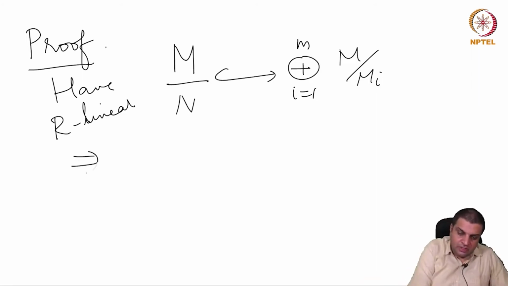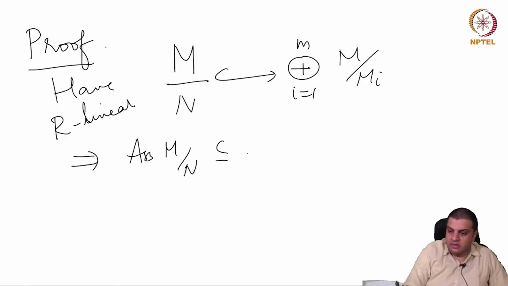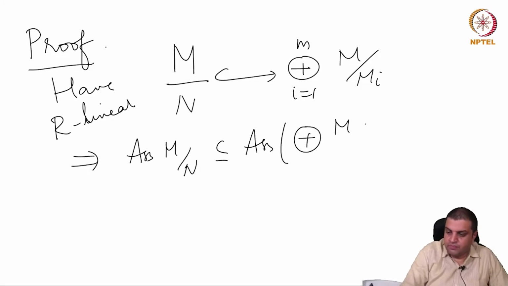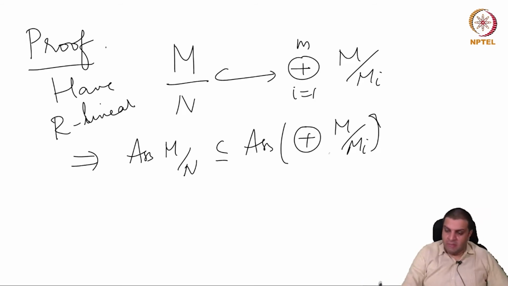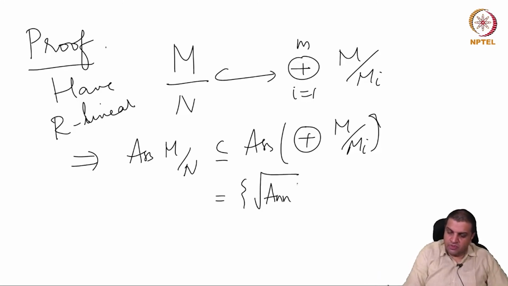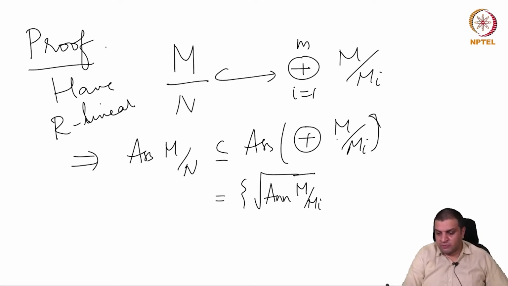So this now means that the associated primes of M mod n are inside the associated primes of the direct sum. But these are themselves primary, so this is exactly the radical of the annihilator of M mod Mi. And this is a direct sum of modules, therefore for the associated primes one can just take the union.